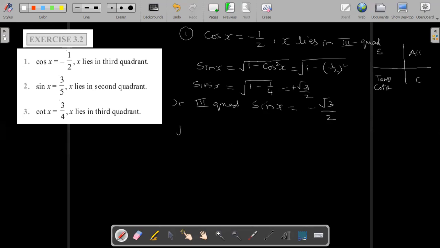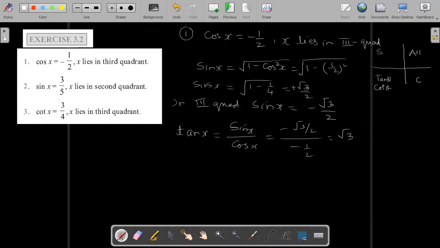Now you can find tan x. The value of tan x is equal to sin x upon cos x. Any formula you can use to find the values. So sin x is minus root 3 by 2 divided by cos x, and cos x is minus 1 by 2. Negative negative cancel, 2 cancel, root 3 positive, that is positive.